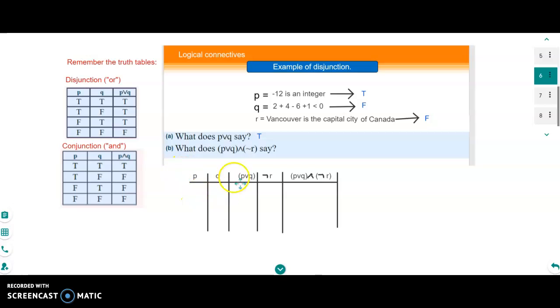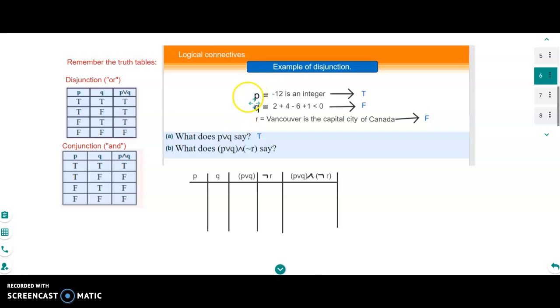Now we're going to fill a truth table to find the second one, because here we have to find P or Q, and conjunction, negation of R. We already know P or Q is true, but we have to find the missing part. So we write a truth table, and we do it little by little.